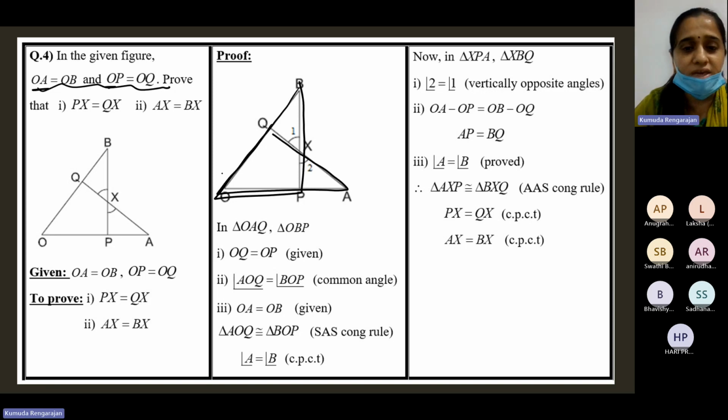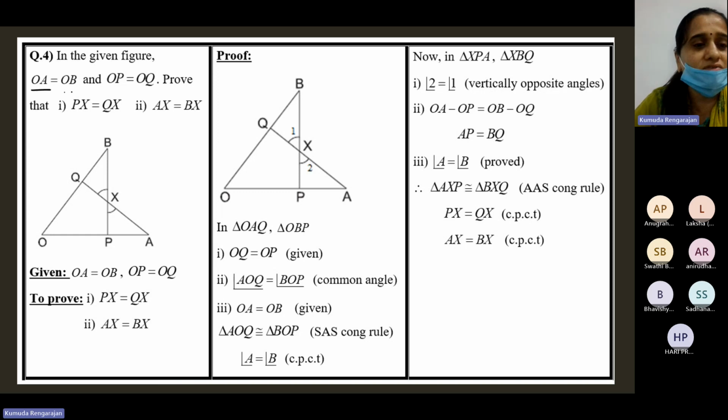OA, OP. Where are these four line segments, children? Now, again, your question will be, how do I know that I have to take up those two triangles? You should take up the triangles based on the information given here. OA, OB, OP, OQ. Where's OA?